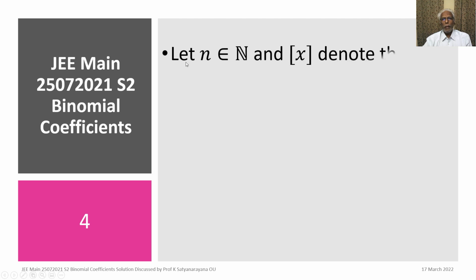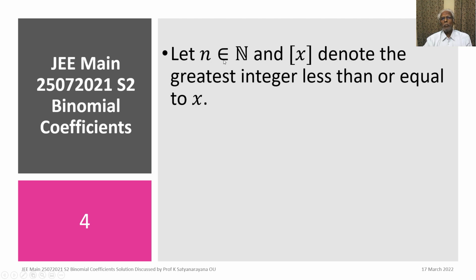The problem is: let n belong to N, where N is the set of natural numbers, and let [x] denote the greatest integer less than or equal to x.